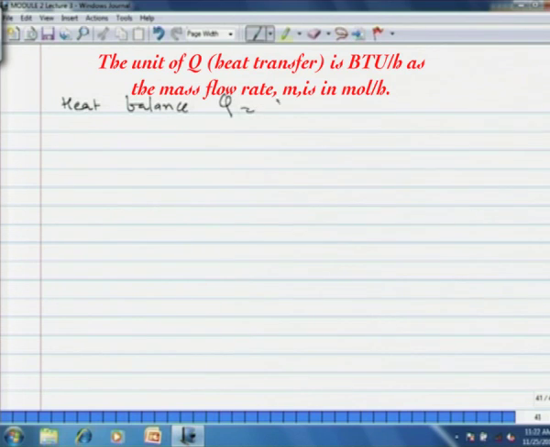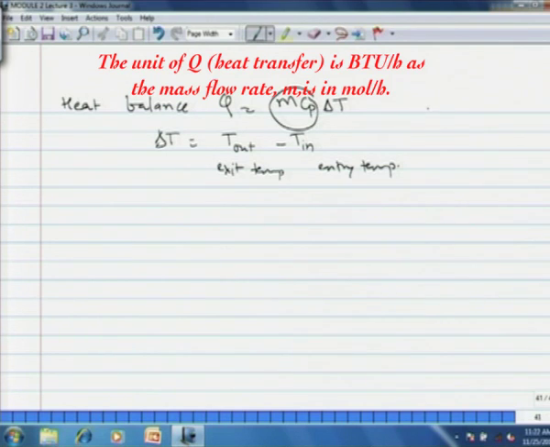Q is equal to m Cp delta T, okay, where delta T is T out minus T in, exit temperature minus entry temperature. Now, in order to calculate m Cp, we need to know the molar flow rates, which I have already listed, and the molar heat capacities.